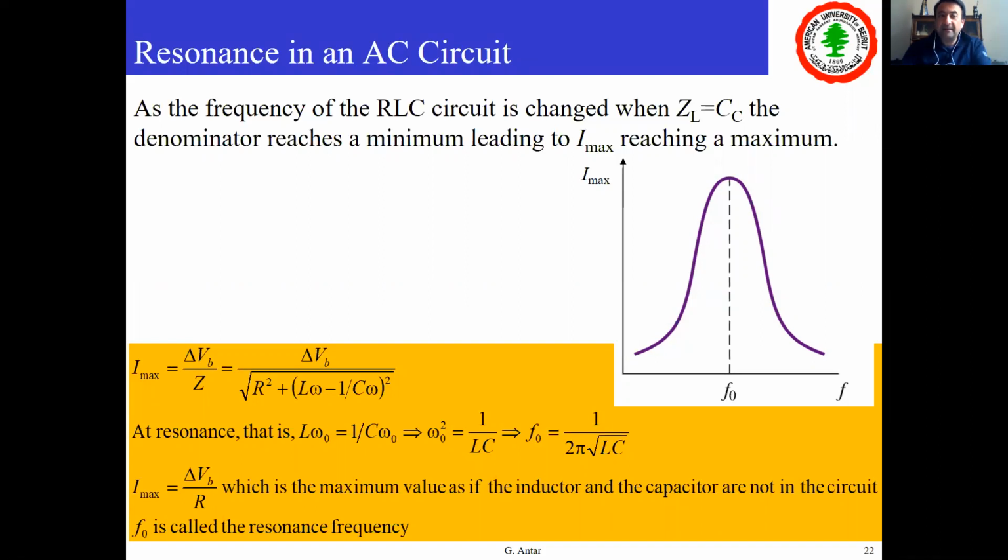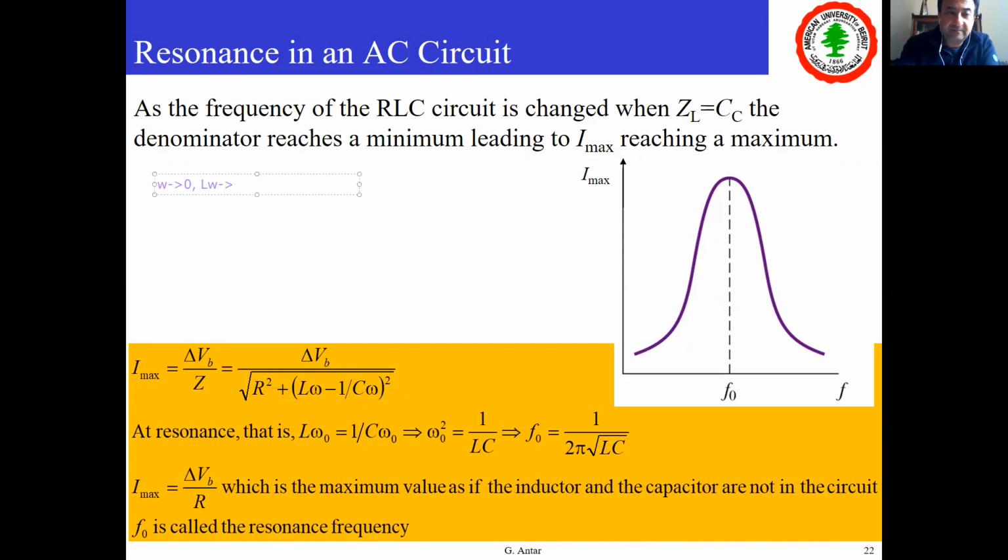I'm going to write it down. When omega tends to 0, L omega tends to 0, and 1 over omega C tends to infinity. Consequently, my Z will tend to infinity.